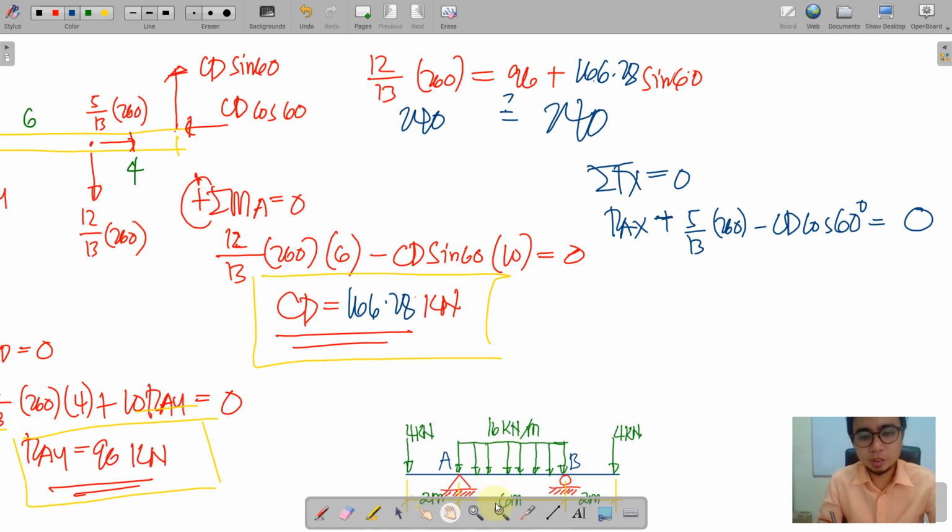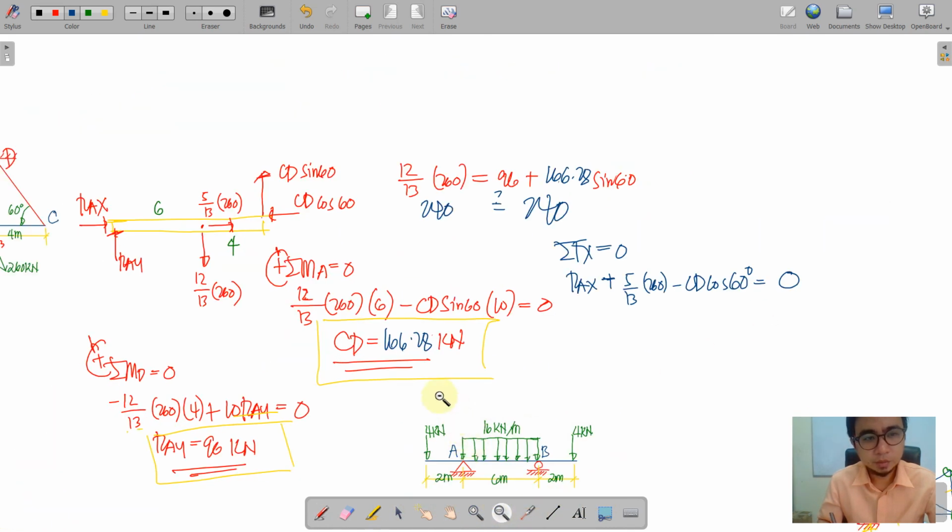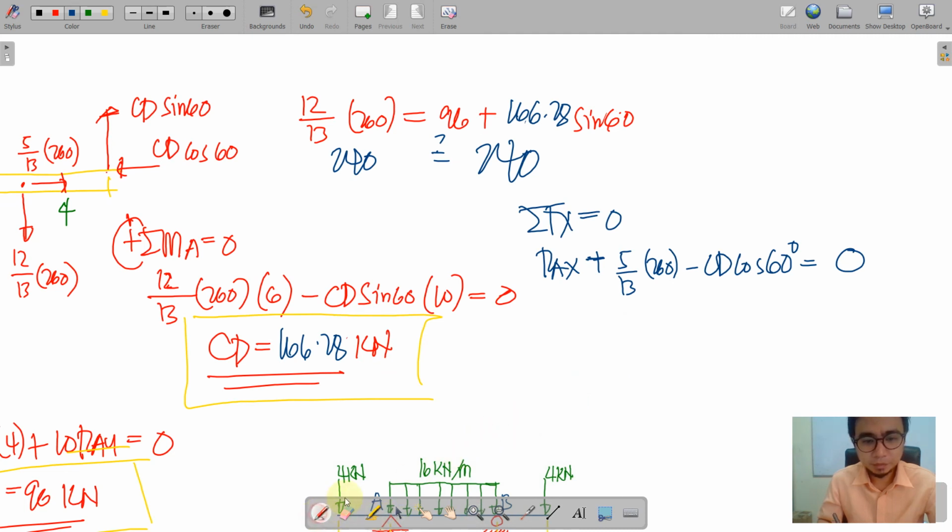Okay, so let us check our equation. RAX is rightwards, that is rightwards 5 over 13 of 260 minus CD cosine 60. Okay, so therefore RAX, we just have to replace this by CD.